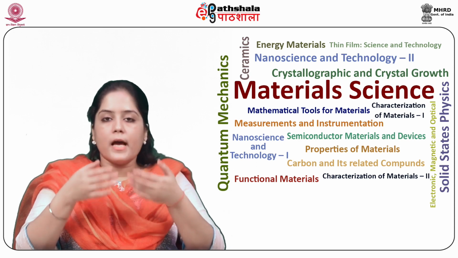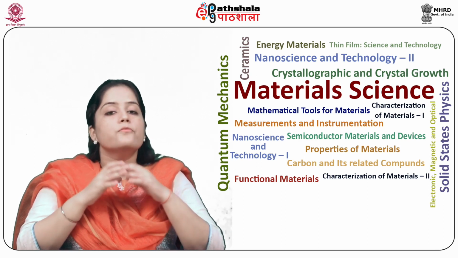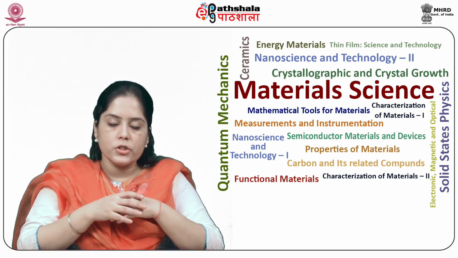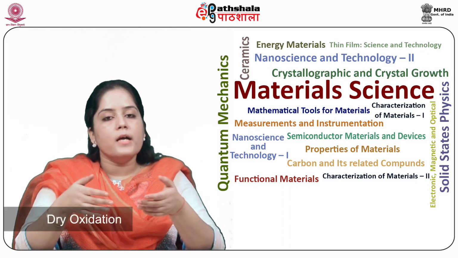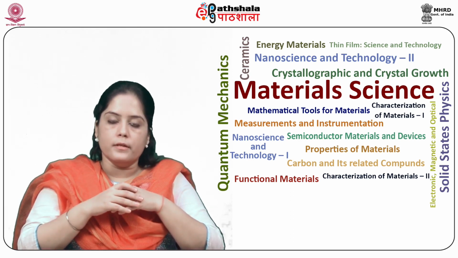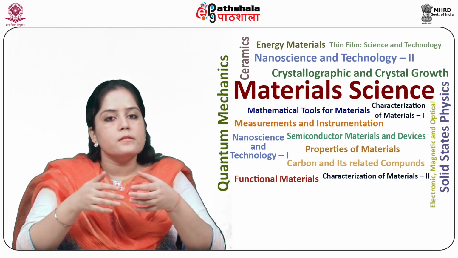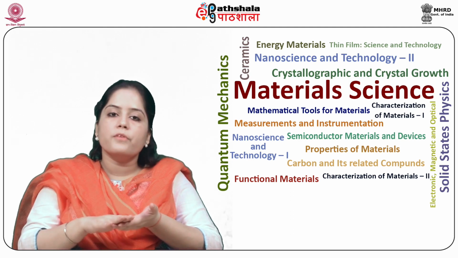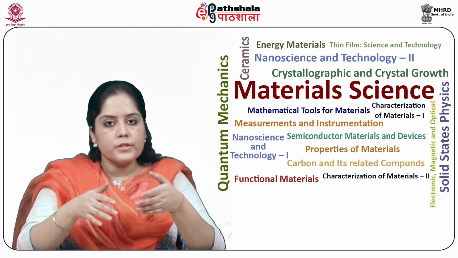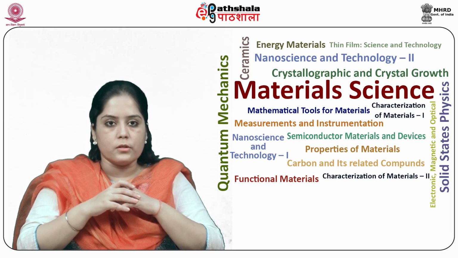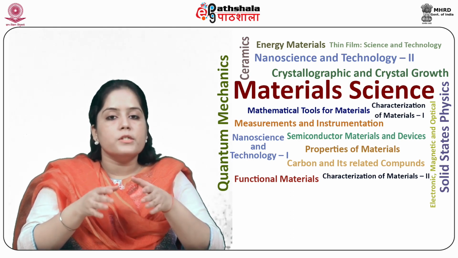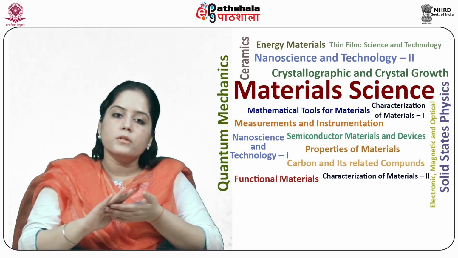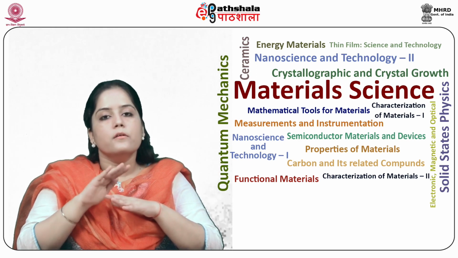Dry oxidation is carried out initially for 30 minutes, followed by 10 hours of wet oxidation, and again dry oxidation for 30 minutes. The residual water molecules on the wafer surface were removed during dry oxidation. It may be noted that the SiO2 film is growing on both sides of the silicon wafer.